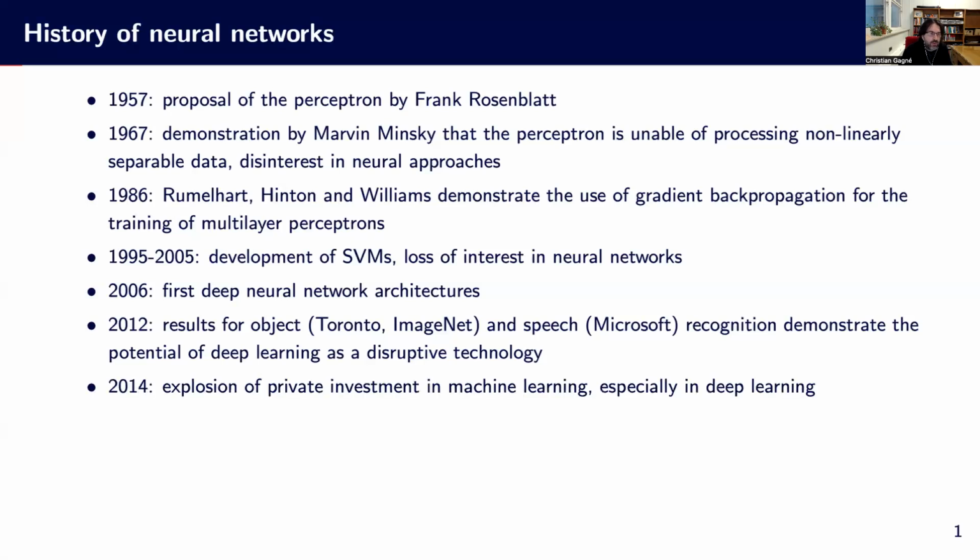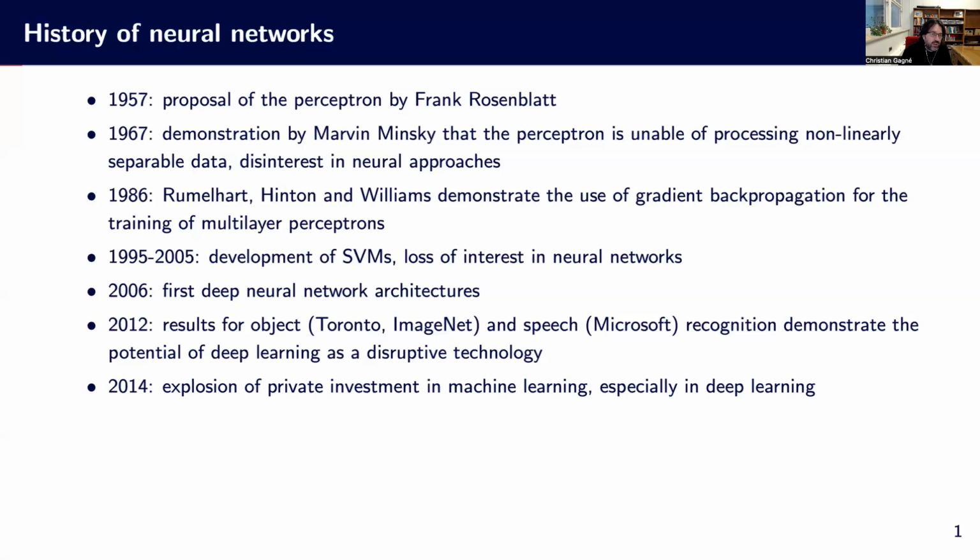Following that, there was an explosion of private investment in machine learning, especially in deep learning. Companies like Google, Microsoft, and Facebook invested to build teams of researchers in machine learning, recruiting a lot from universities, either graduate students who had recently got their diploma, and even professors.